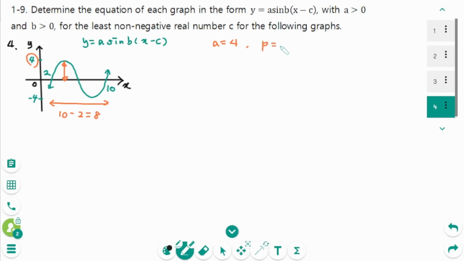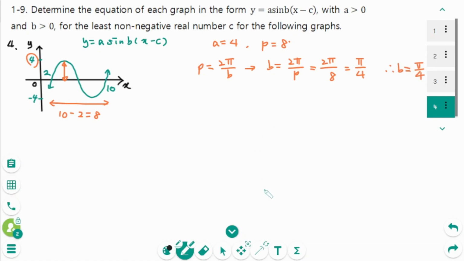Then p equals 8. The period is 2 pi over b, so 2 pi over b is 8, which gives pi over 4. Then b equals pi over 4.